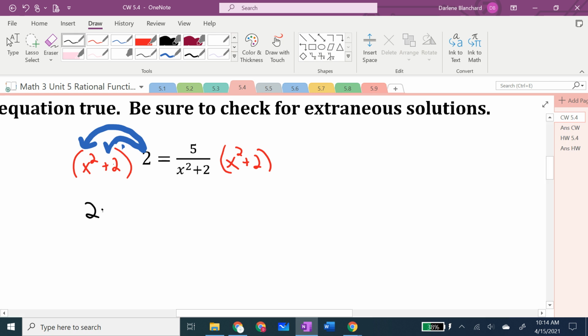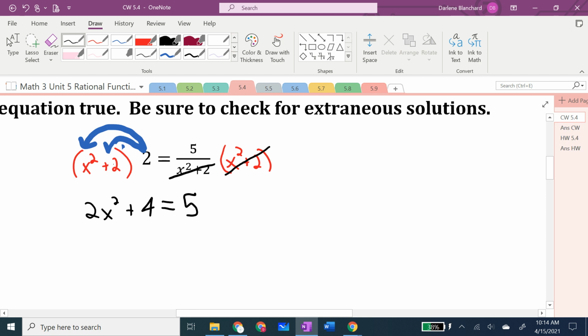So 2 times x squared plus 2 times 2. Now on the other side, the reason you're multiplying is to kill the denominator. What's left? The number 5.